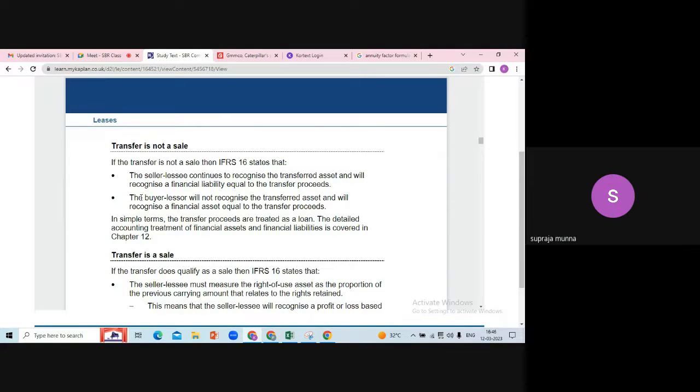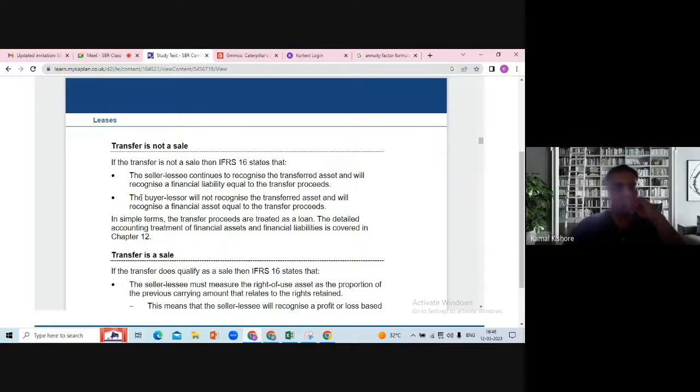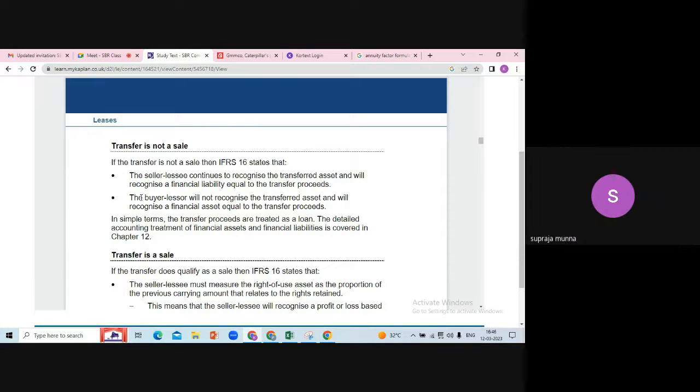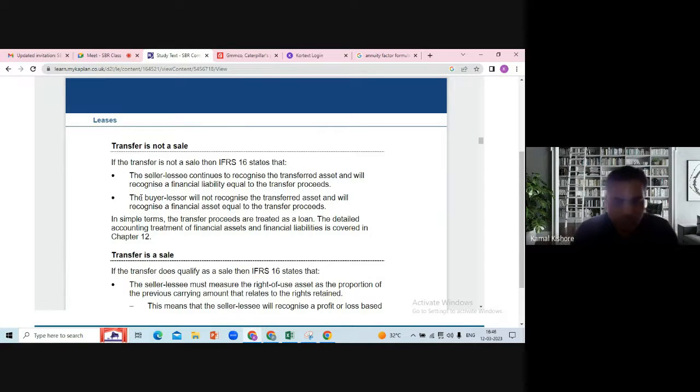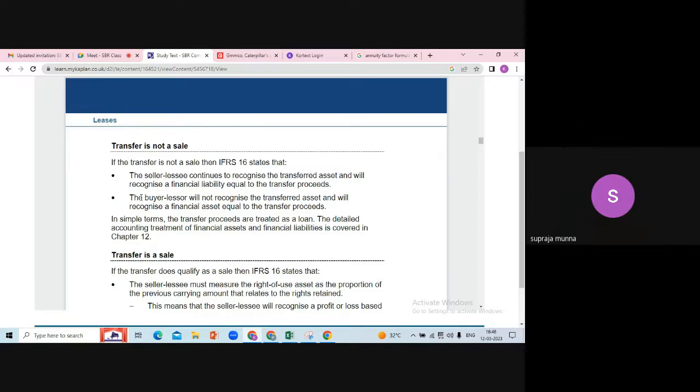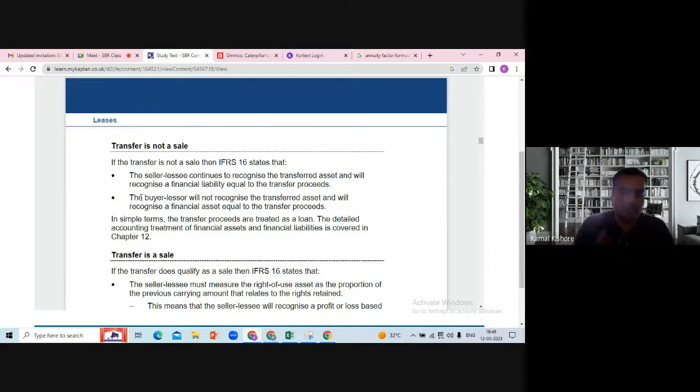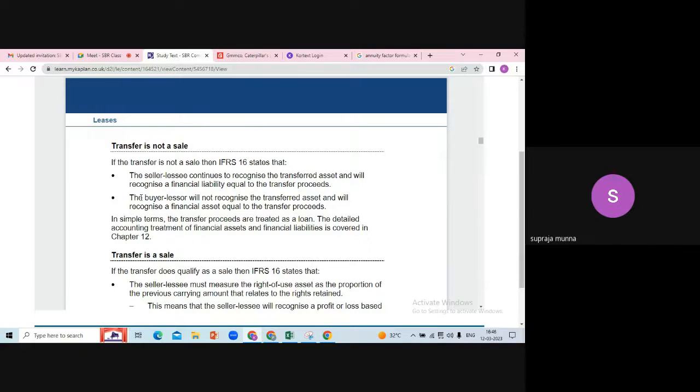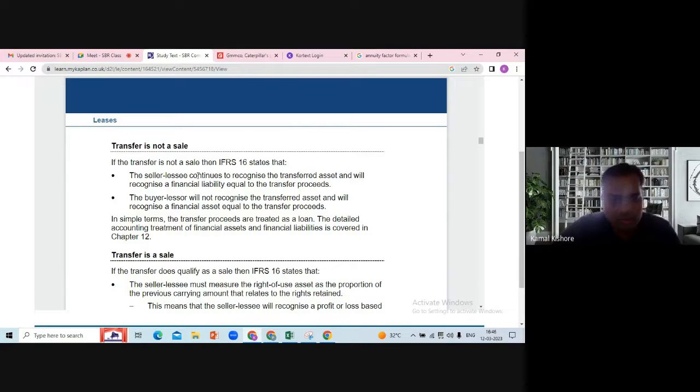The seller still recognizes the transferred asset in his books. This is not generally a sale transaction. We are trying to circumvent the law. That means we are just trying to dress up the books. The objective was only to raise funds. In that case, you will have to show that as a loan.